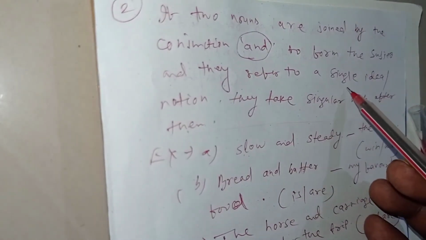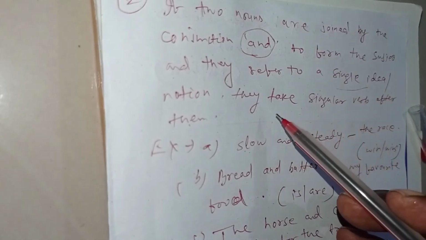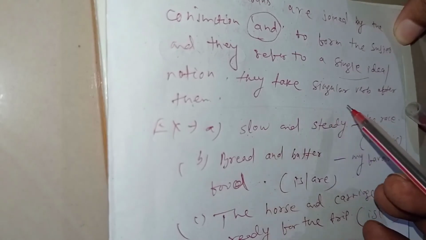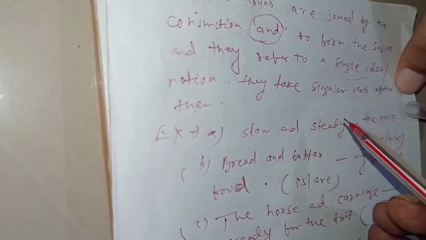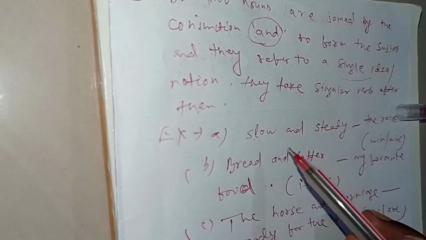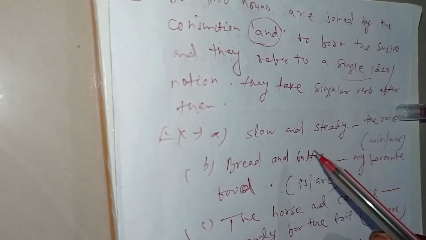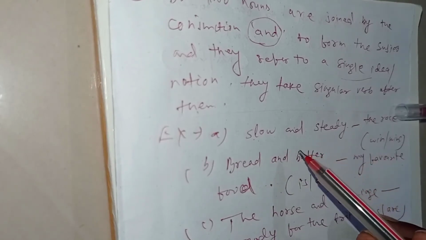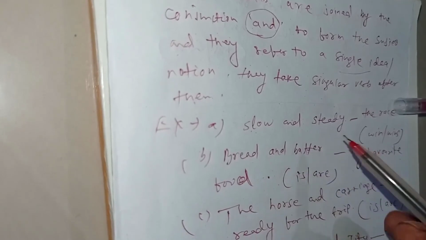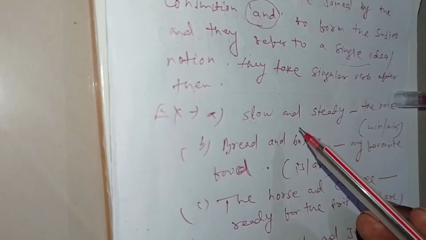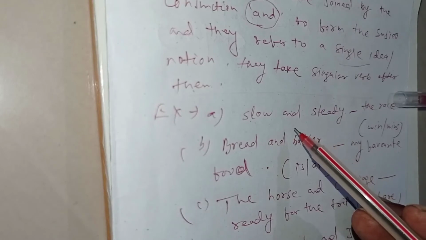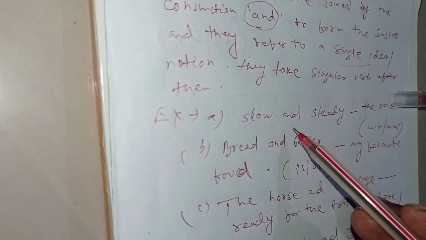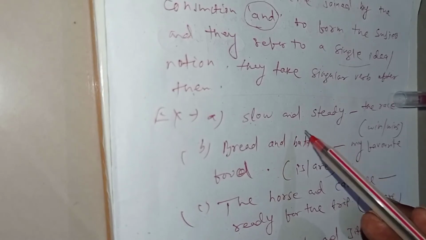Then the verb must be a singular verb, because they may refer to an abstract idea also, and any single idea or notion in the subject part is treated as singular, and that must take a singular verb.